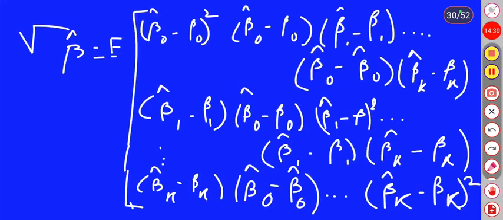And beta k hat minus beta k into beta naught hat minus beta naught.